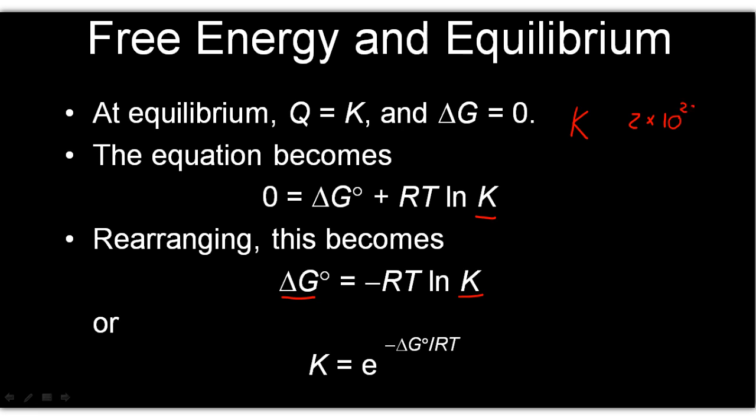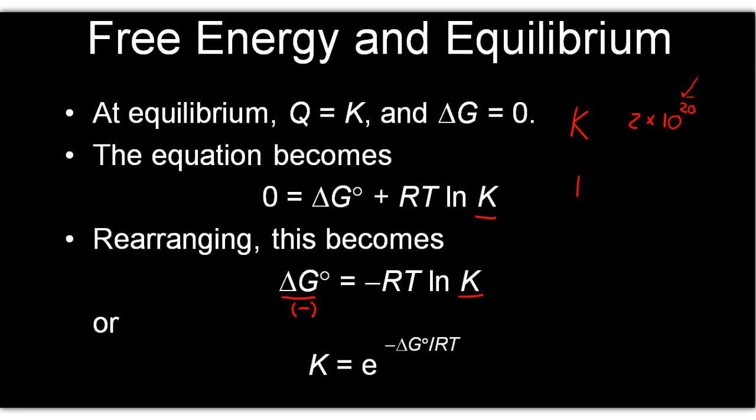What does that imply about equilibrium? It tells me that the reaction is going to very much favor the products, going in the forward direction, so it's very spontaneous. So I would expect the value for delta G to be very negative, to be very spontaneous in that forward direction, to give me this 2 times 10 to the 20th.